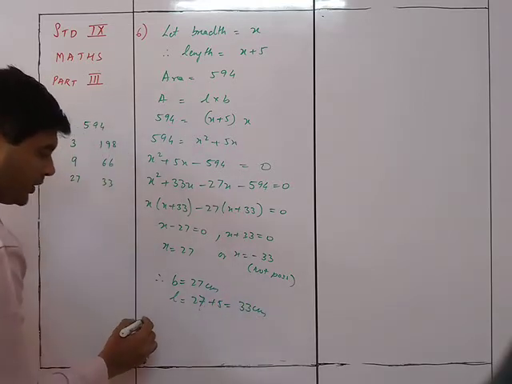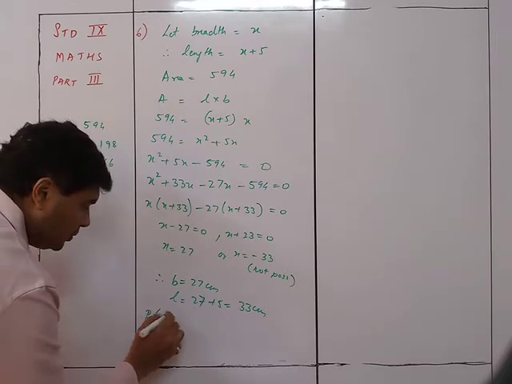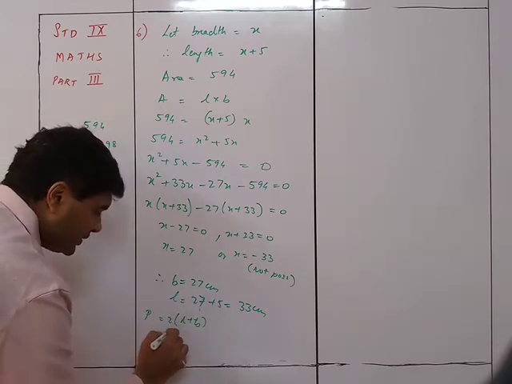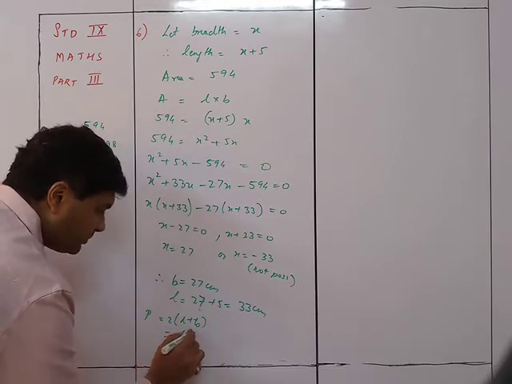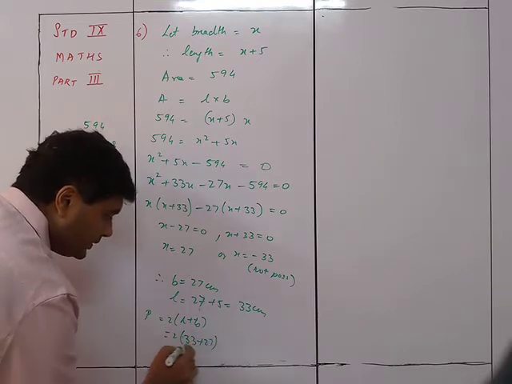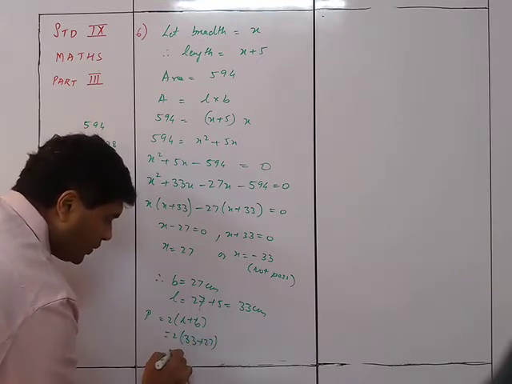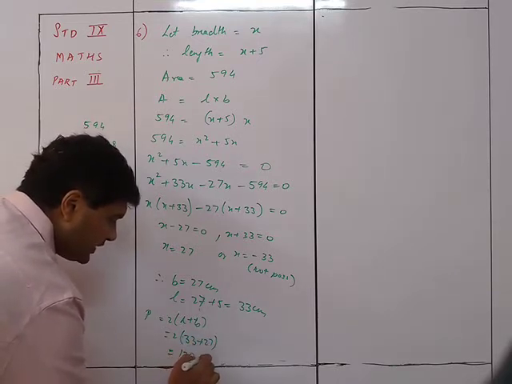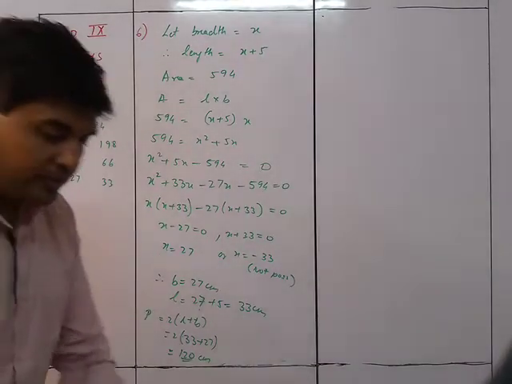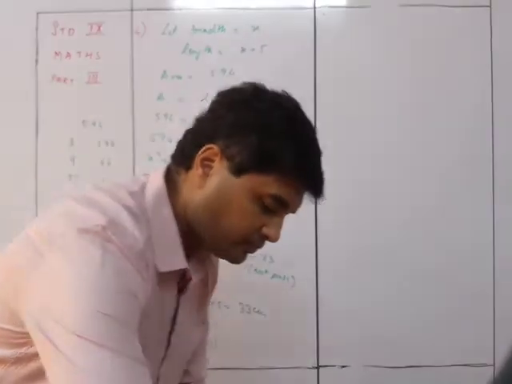So accordingly, what is the perimeter? Perimeter is equal to 2 into L plus B. So there will be 2 into 33 plus 27. That is going to be equal to 120 centimeters, because 33 plus 27 is 60. So it is 120. We'll just check it out.